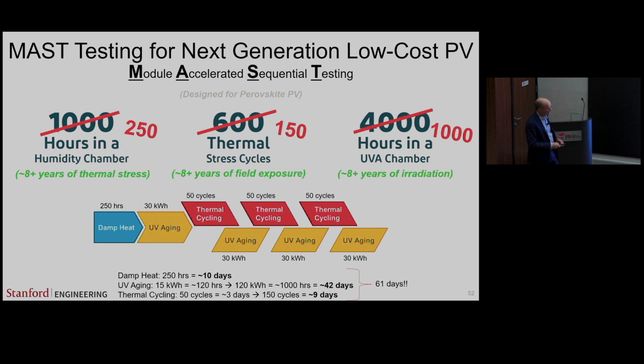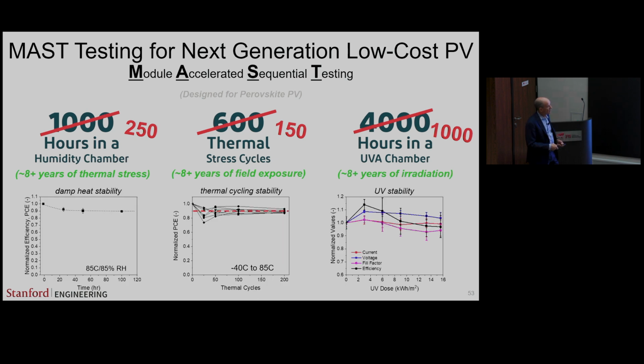So this is our best guess for what will be needed to be stable for these longer periods of time. And we're able to show those in many of the tests that we're doing now that involve these sequential tests. We've actually got some lovely recent results that show some of the benefits of thermal cycling. So we actually see some healing mechanisms that happen, which is quite surprising.